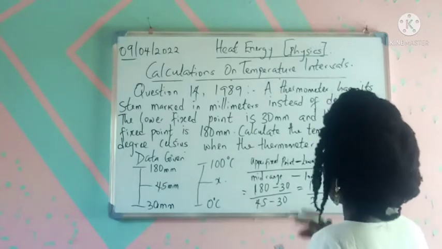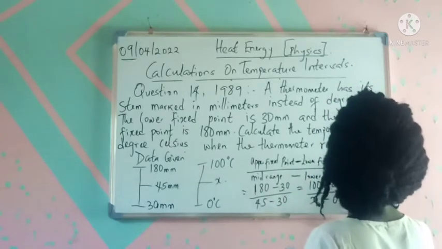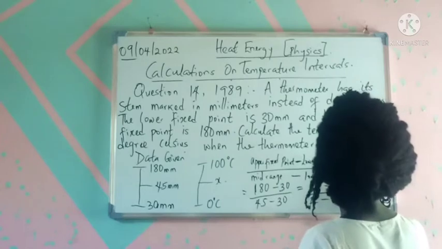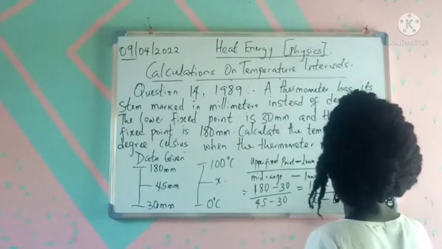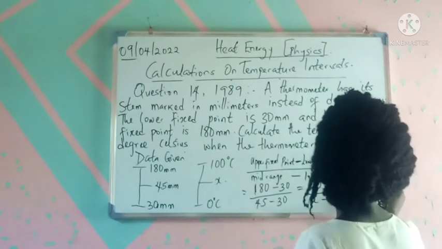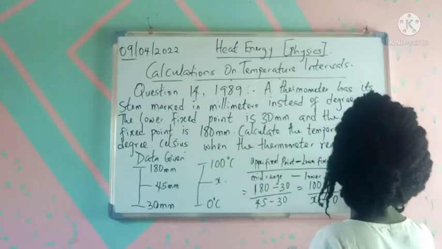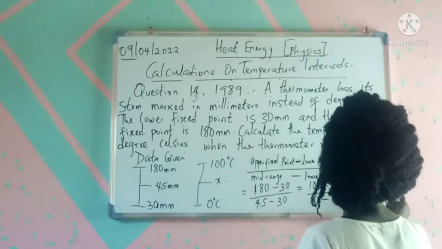Okay, so if you do this, you should get 180 minus 30 should give me 150 over 45 minus 30 should give me 15. Should be equal to 100 minus 0 should also be equal to 100, and then over x.